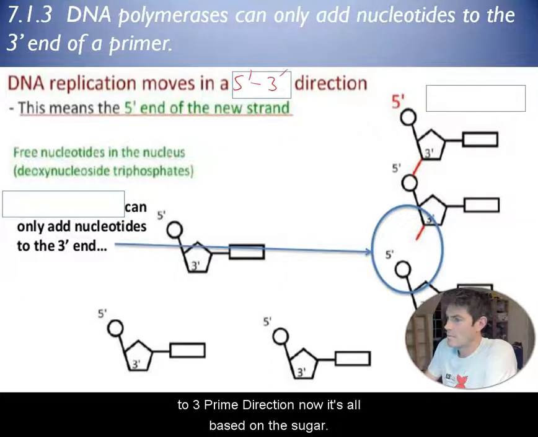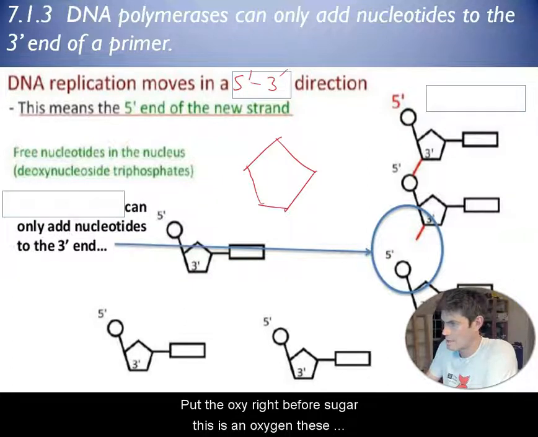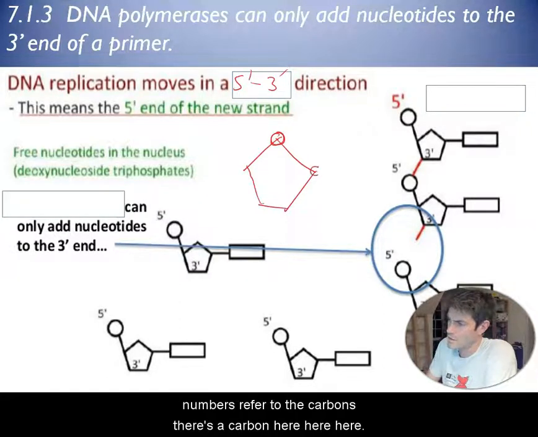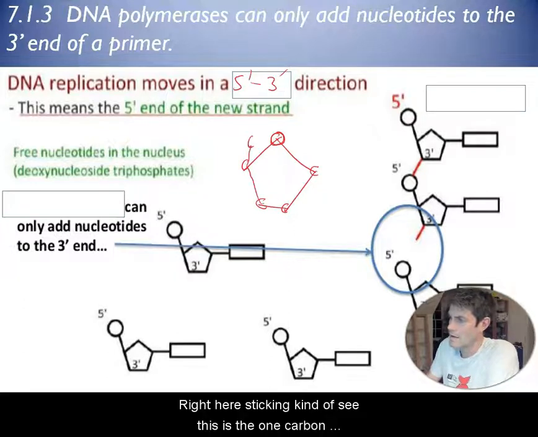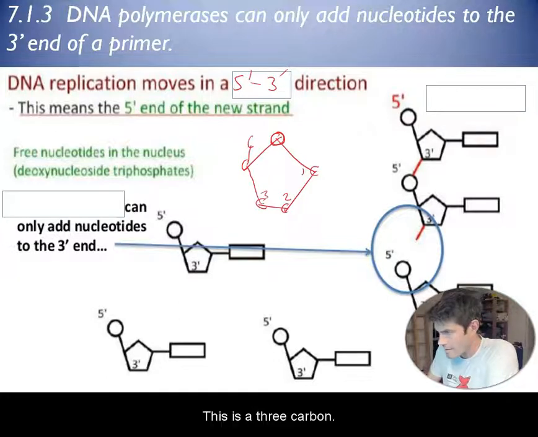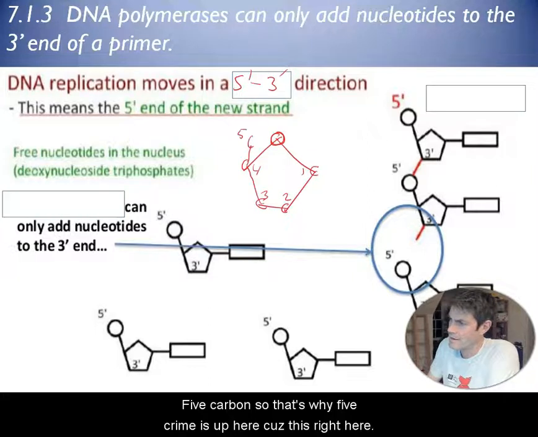Now, it's all based on the sugar, the deoxyribose sugar. This is an oxygen. These numbers refer to the carbons. There's a carbon here, here, here, here, and right here sticking kind of off. So this is the 1 carbon, this is the 2 carbon, this is the 3 carbon, 4 carbon, and 5 carbon.